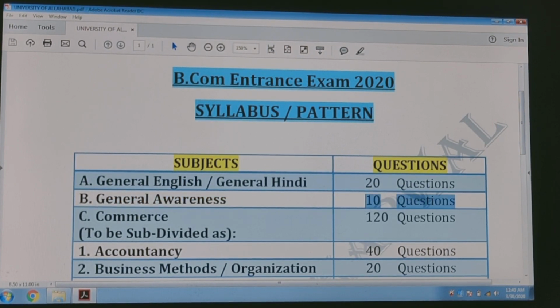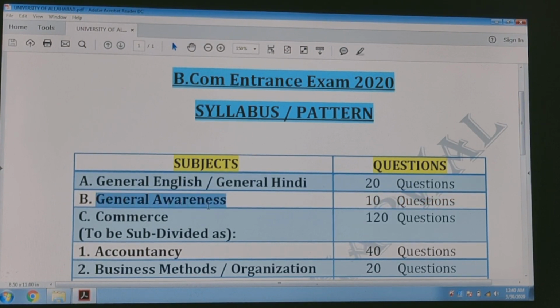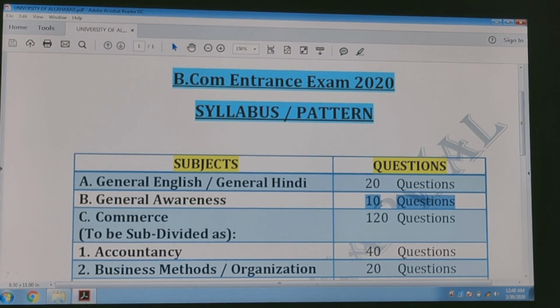Exactly 10 questions are going to come from this section. It is an important section and most students are not very comfortable with general awareness, but only 10 questions are going to come, so you can prepare it in whatever way you can.